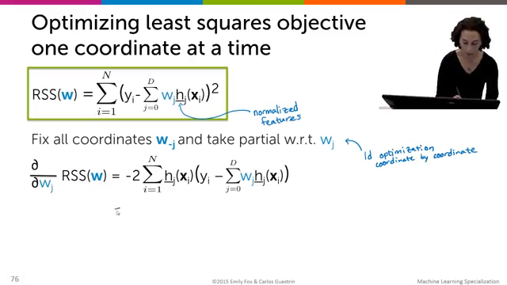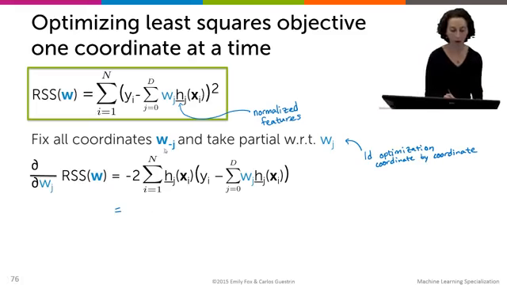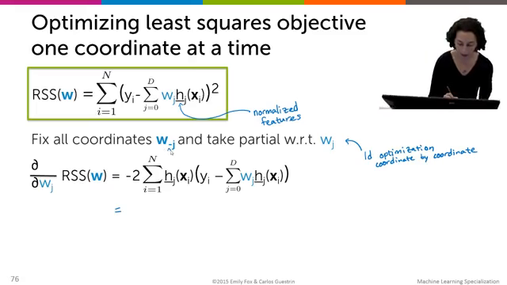Okay, so we can rewrite this objective. What I want to do is specifically pull out this wj term. That's the term I'm solving for. Everything else is assumed fixed. So when I'm thinking about my coordinate descent algorithm, I know the values of all the other wk's. I should mention what this notation means. This minus j means all wk for k not equal to j.